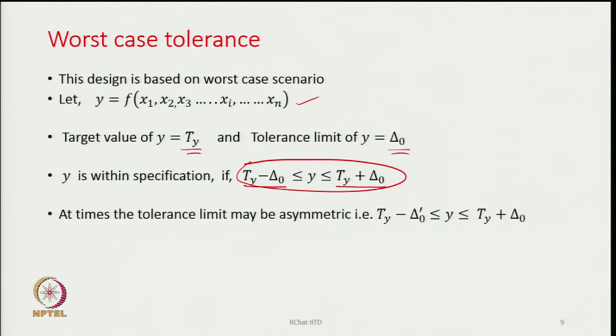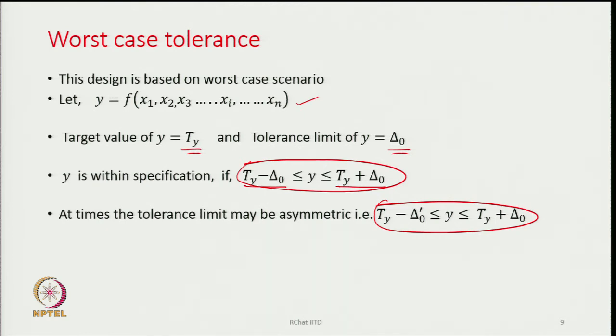But at times the tolerance limit may be asymmetric also; this can also happen. That is, we may have a situation where the right hand side is t_y plus delta 0 and the left hand side is t_y minus delta dash 0. So, the two limits of the tolerance on the right hand side and left hand side may not be exactly the same; it may not be plus minus 2, it could be plus 2 minus 1.